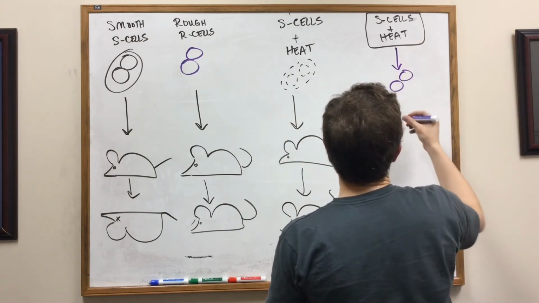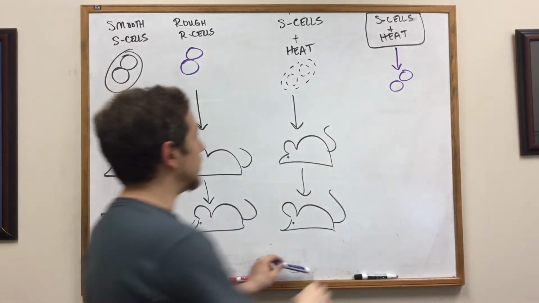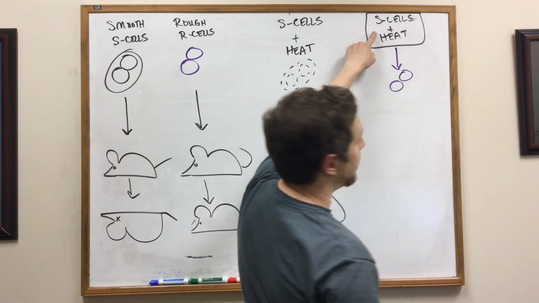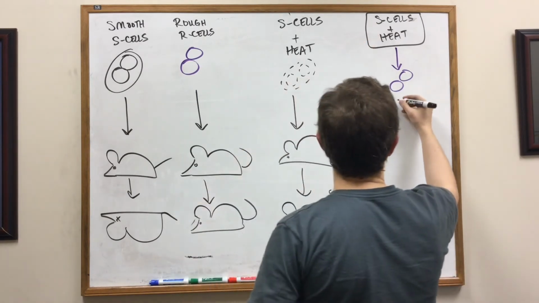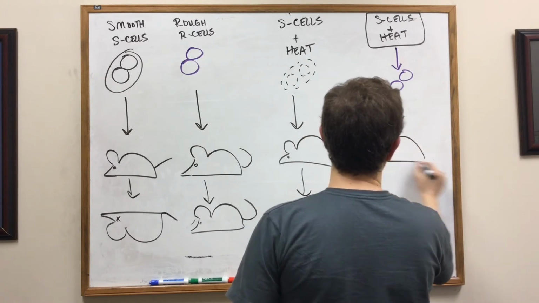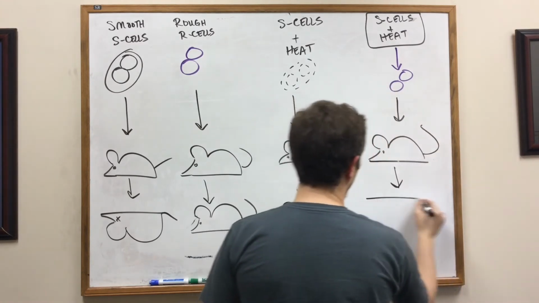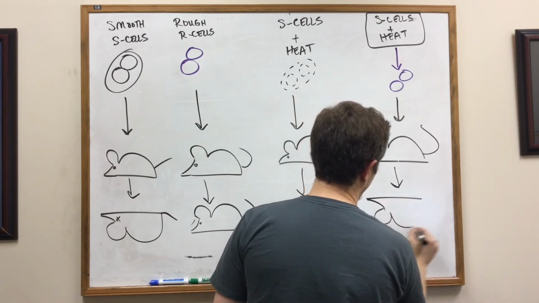So they mixed them with R cells in media. And then they took this mixture of those S cells that had been heat killed plus those R cells and they injected them into the mouse. And the mouse died.